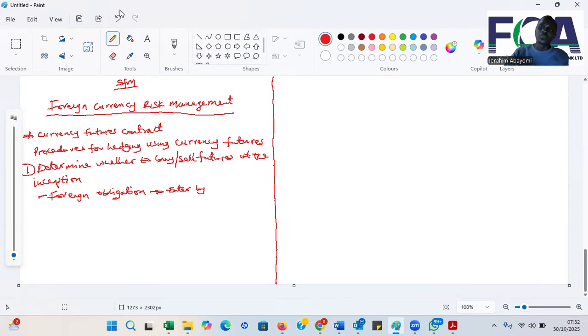If the exchange rate is going up, we expect the futures price to drop in the future.